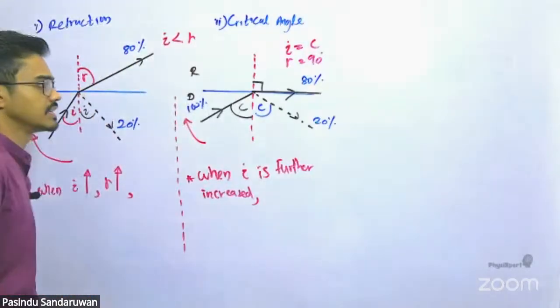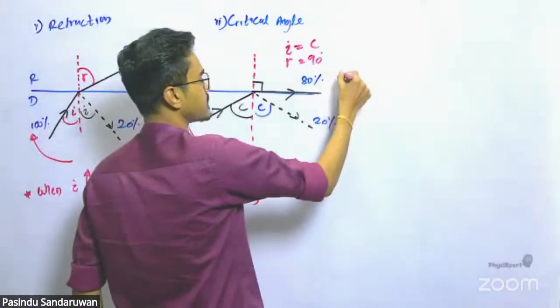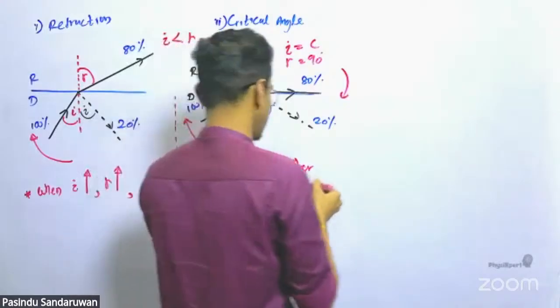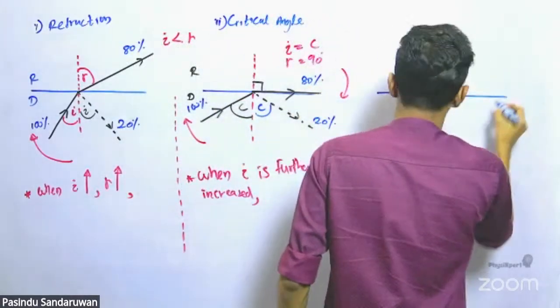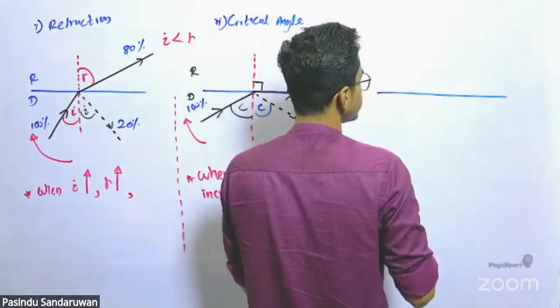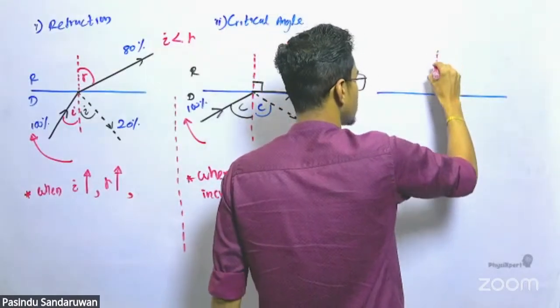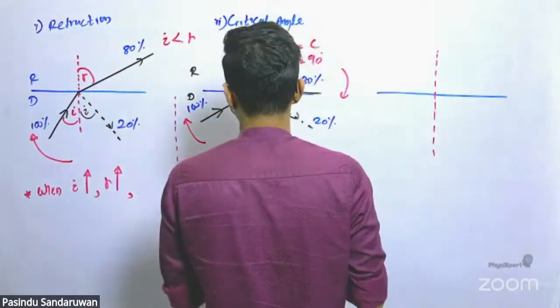Then, when this angle is increased beyond the critical angle, say theta, the ray is going to reflect completely back to the same medium.